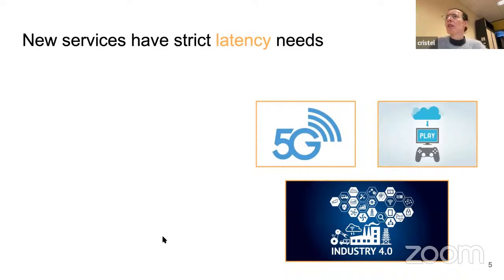And so the point here is that when the operator sets up the IGP cost, he has in mind best effort traffic. But more and more, you have other additional services that arise. So for example, you have gaming and cloud gaming, which usually require less than 20 milliseconds delay. And then you can have other applications like virtual reality, where you even want less delay, between 20 and 5 milliseconds.